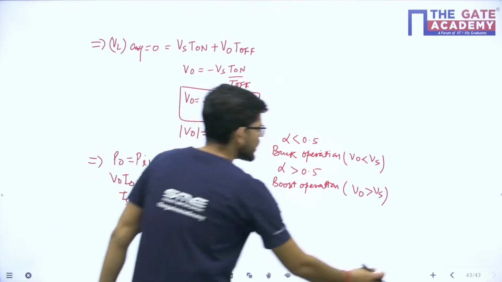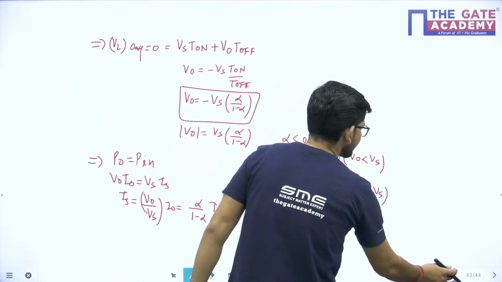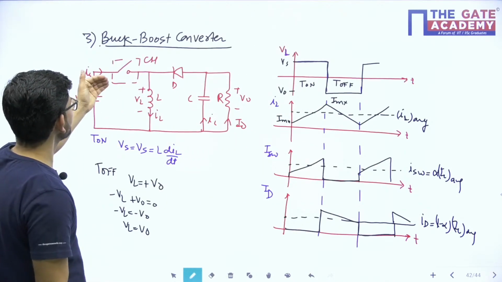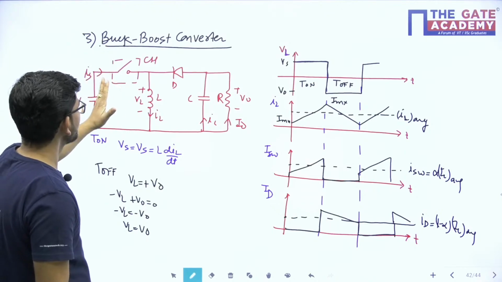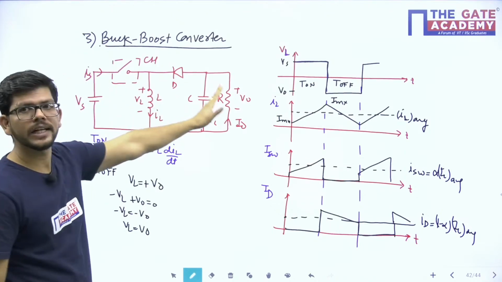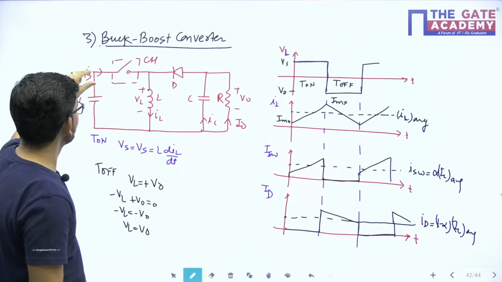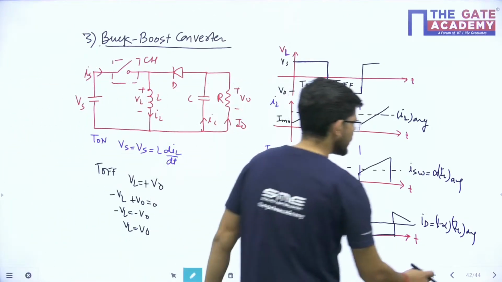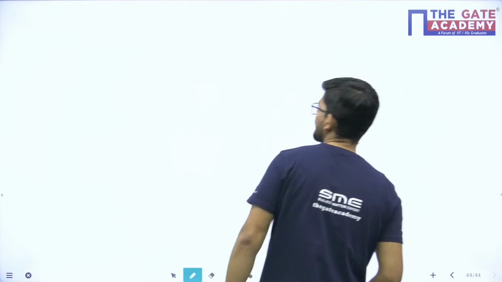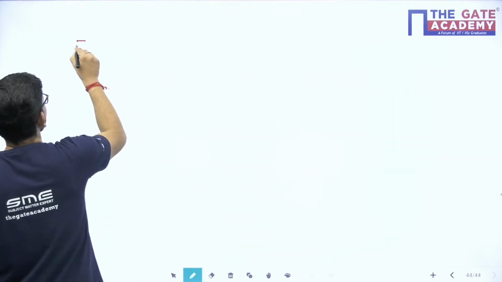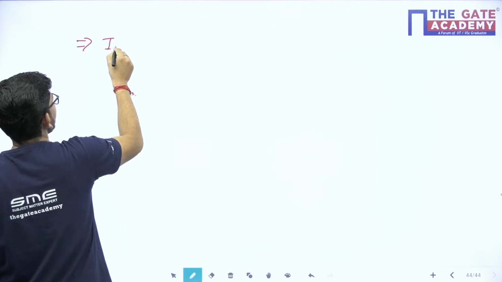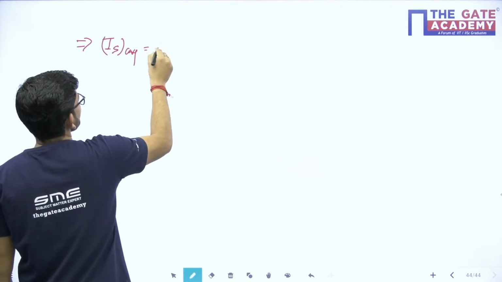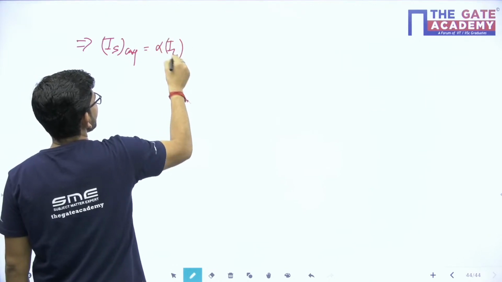Now tell me, source current flows during the on period only, and after that the source is disconnected from the load. So the average value of source current will be alpha times the average value of IL, isn't it? So we will have average source current equal to alpha times IL average current.